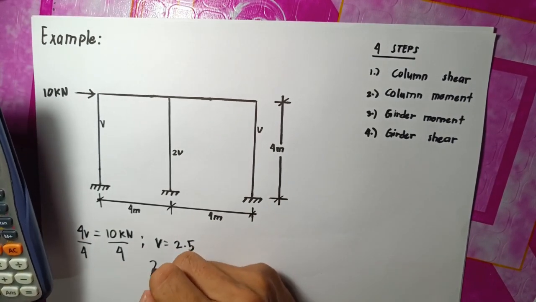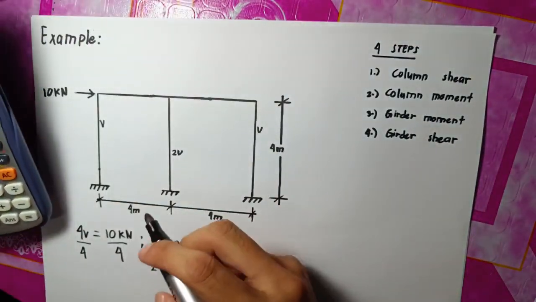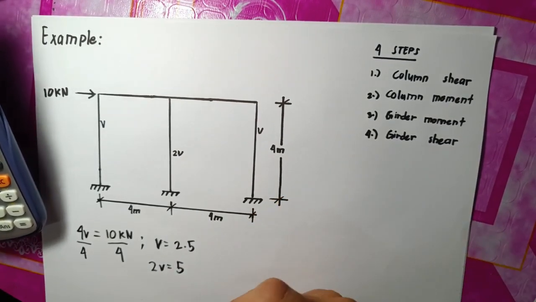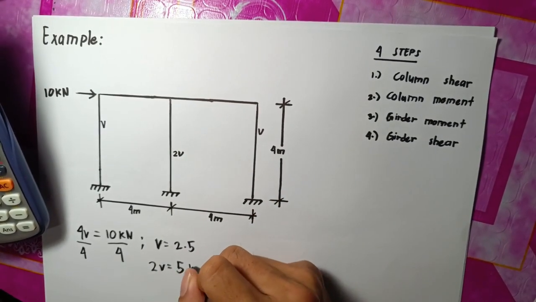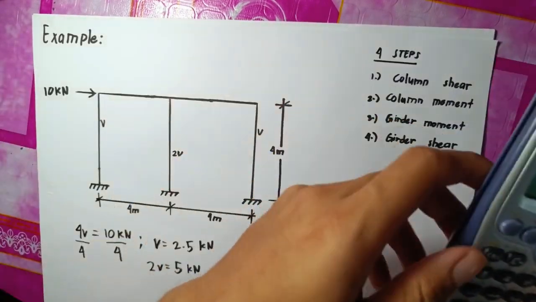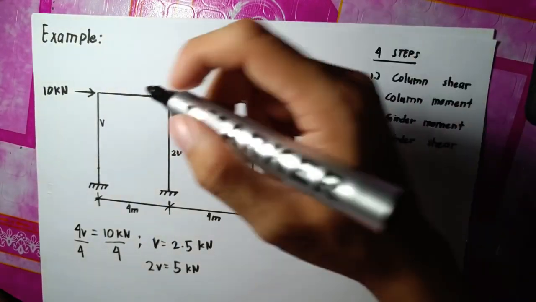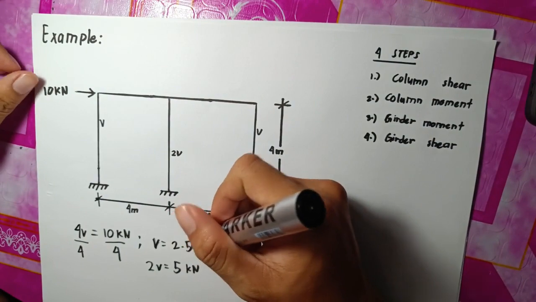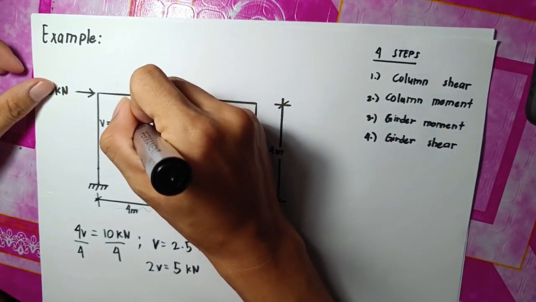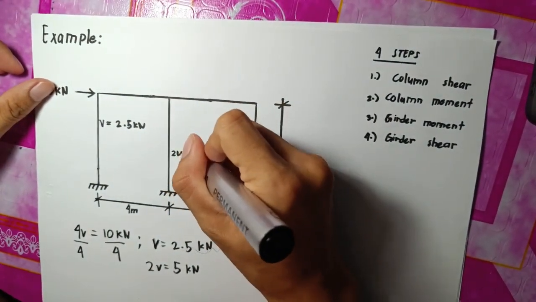And our twice the shear is 5 kilonewton. So we put the value of the shear, which is 2.5 kilonewton. Twice the shear is 5 kilonewton.